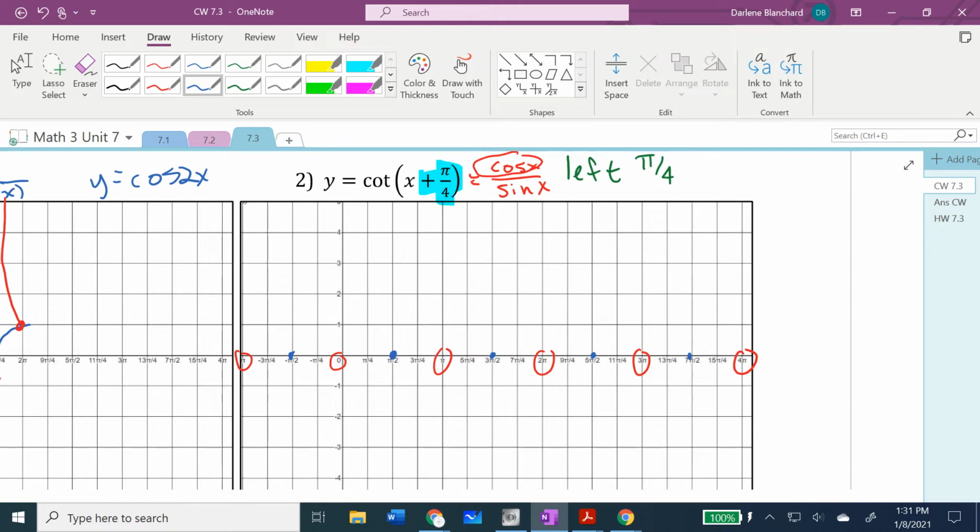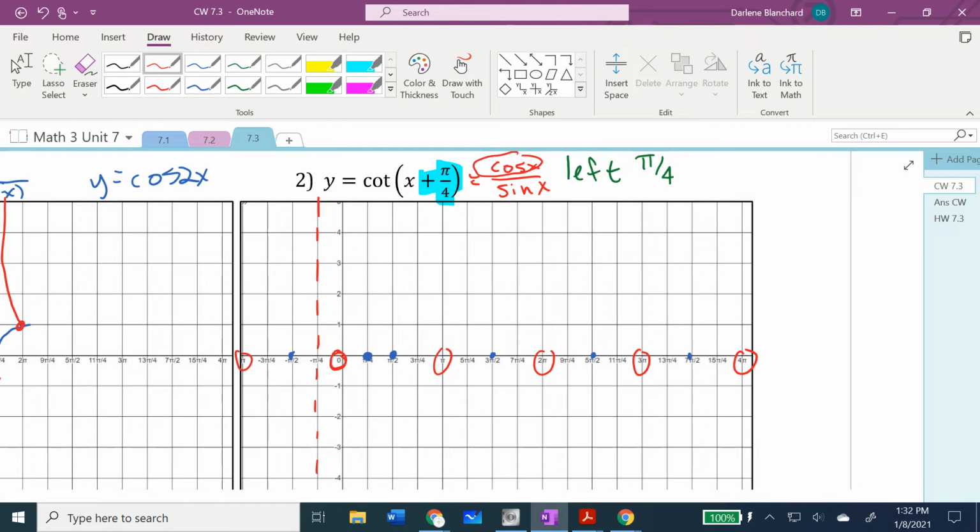I'm going to just plain shift everybody left pi over 4. So if I take where I was going to have an asymptote at 0 and shift it left pi over 4, then I draw it here. If I was supposed to go through the x-axis at pi over 2, I shift it left pi over 4, and I have a point.